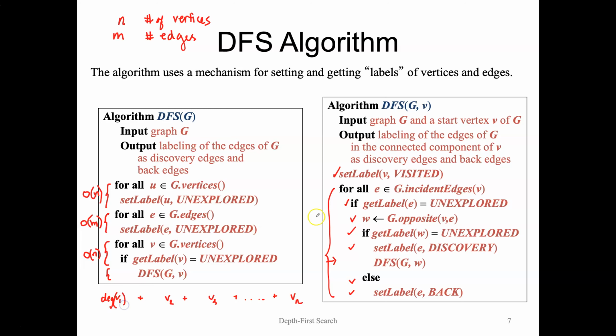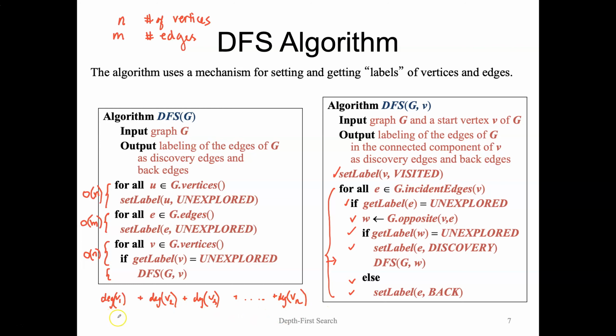Because this is how many times we're going to have to go through this for loop, how many incident edges that vertex has. And then when we call DFS on the second vertex, again, the cost will be the degree of that vertex. So the total cost of calling DFS on every vertex is the sum of degrees of all vertices.